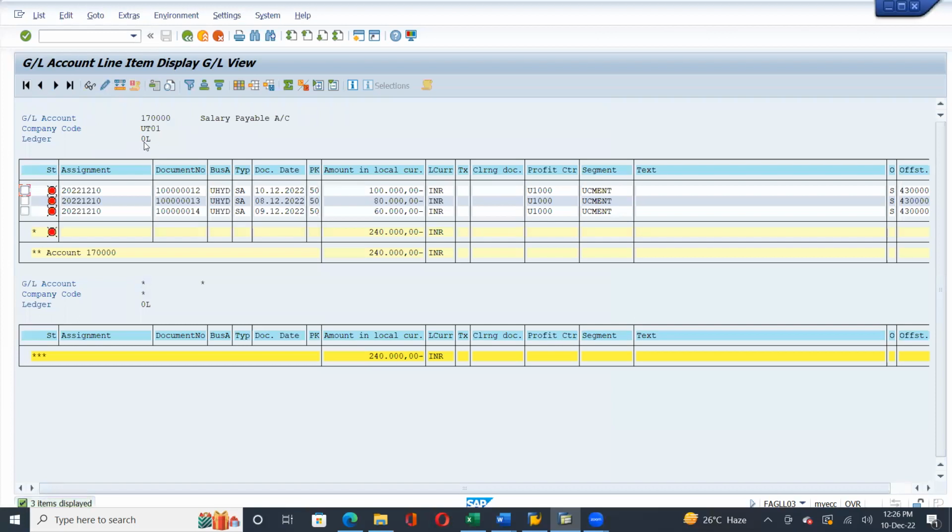So here it is showing ledger, 0 ledger, ledger wise asset. Here you can see business area wise, profit center wise data and segment. Ledger wise in the sense, you can see here 0 ledger. What is the additional you have got in this? You can view the report business area wise, profit center wise, and segment wise.